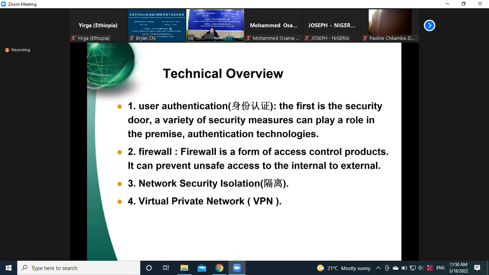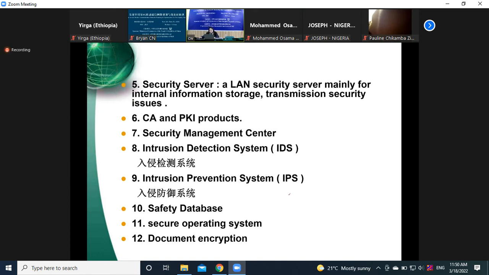And the network security isolation and the VPN. Yeah, this is very common. And then another, some security services and the CA and the PKI products and security management center and the intrusion detection system and the intrusion prevention system, IDS and IPS.